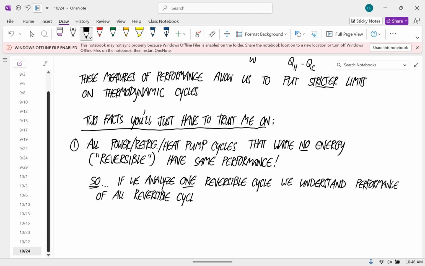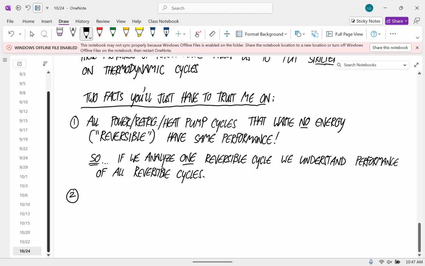Okay, so that's a nice result because you can imagine that we could design a theoretical, say, power cycle where it's easy to do the math, and then whatever results we get, we can apply to any other cycle where the math would be harder to do.